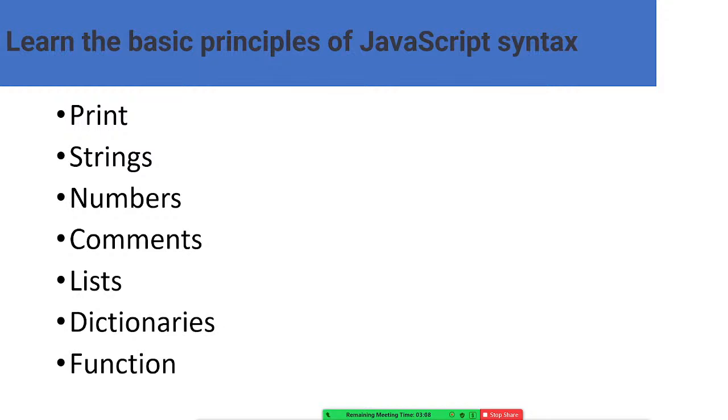I will discuss all of these things with practical examples, so that you can easily understand the JavaScript syntax. And I hope after completing this, you can easily understand any code in the Google Earth Engine platform.